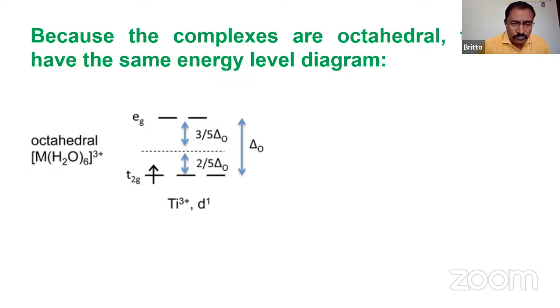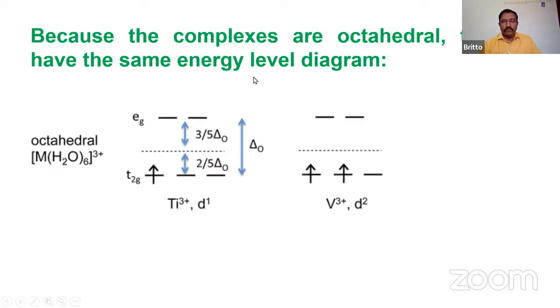Last class we saw titanium 3 plus. Titanium's atomic number is 22, with four valence electrons, 4s2 and 3d2. We remove 3 electrons from titanium, so we get a d1 configuration, with only one electron in the t2g level.